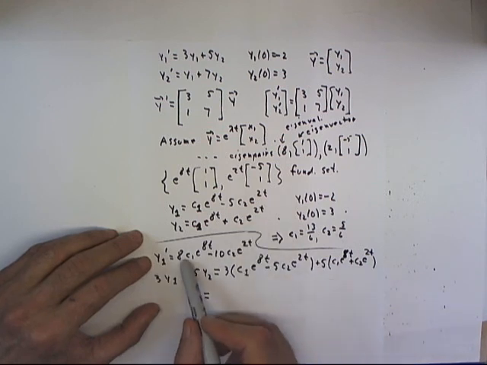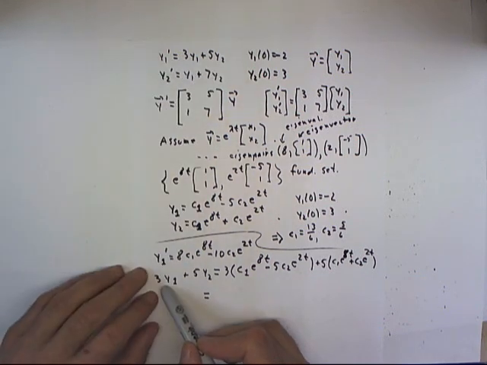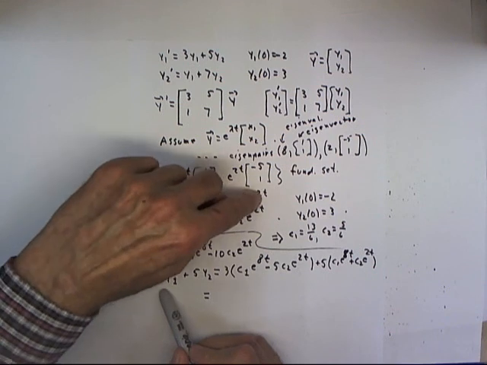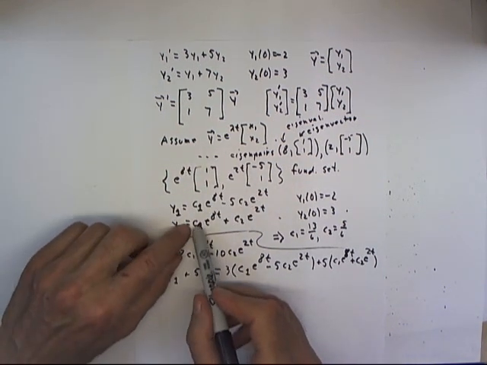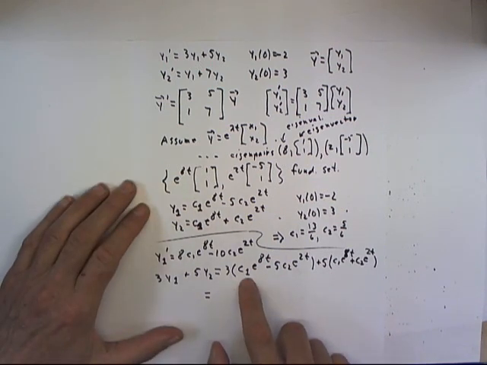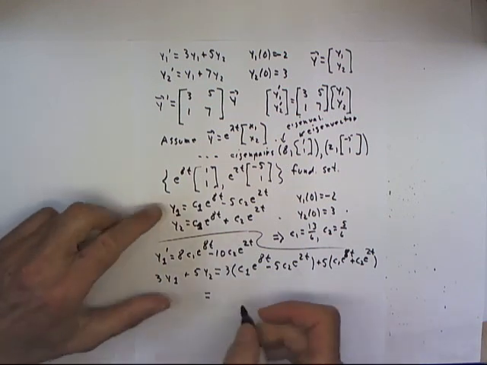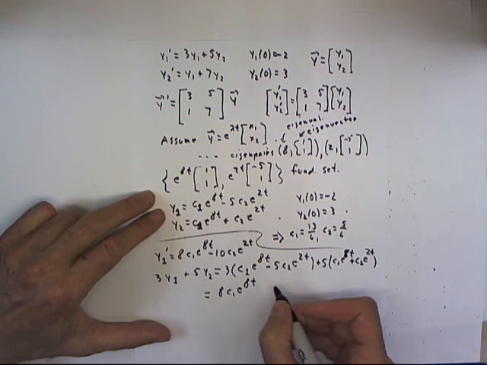So y1 prime is this, and that should equal 3y1 plus 5y2. 3y1 plus 5y2 is 3 times this, just written it out, and 5y2 is just 5 times this. I've written that out. And what does that equal? Well, you see in front of the 8t, we've got a 3c1 and a 5c1. So that gives us 8c1 e to the 8t.